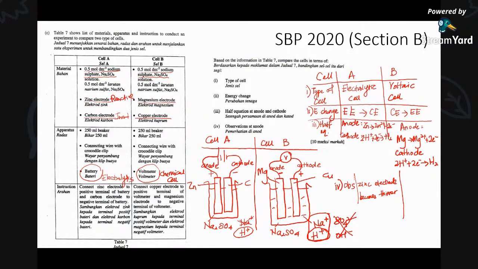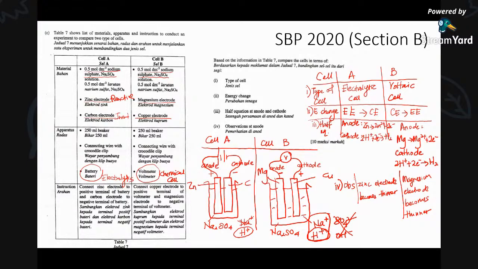And then if you see for cell B, magnesium is dissolving, Mg becomes Mg2 plus, so you can say magnesium electrode becomes thinner.